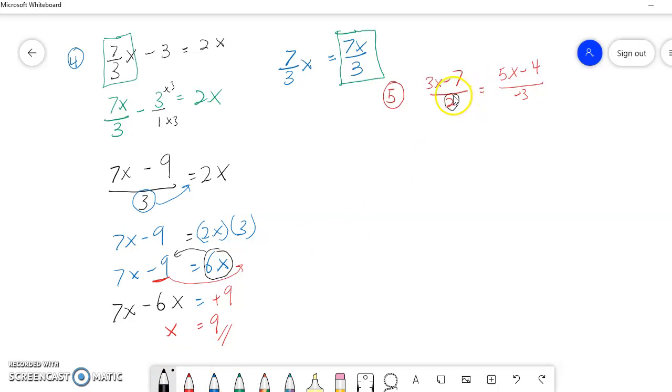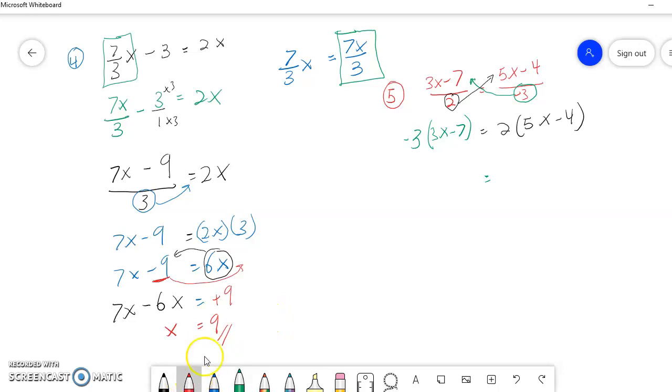These 2 will move there and become multiply: 5x minus 4. Now is the turn for negative 3. We move it to the opposite side and it becomes a multiply, multiply with 3x minus 7.